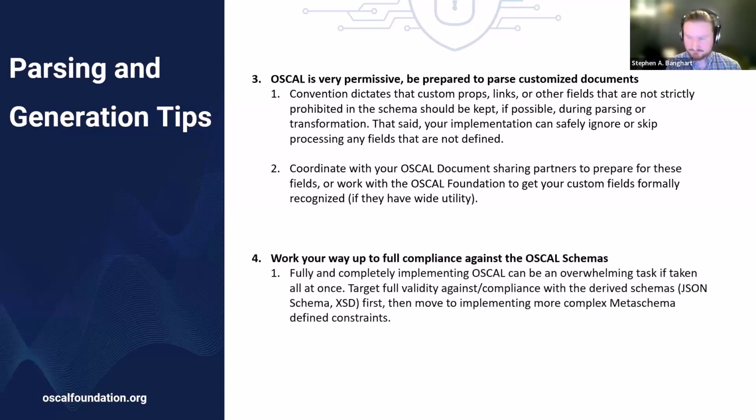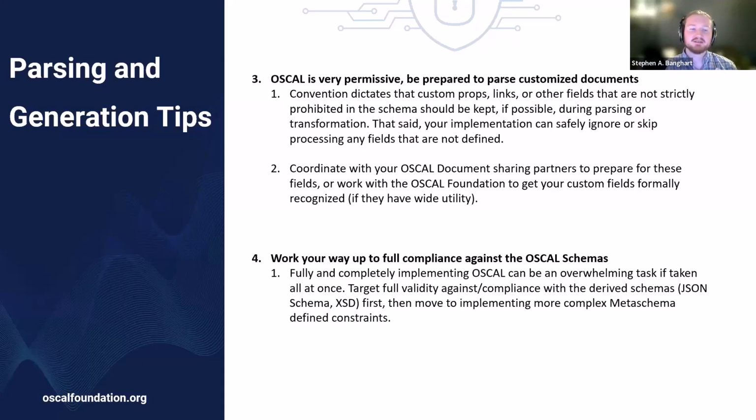And my last tip here is to work your way up to full compliance. And this is a hint that I have to give with some caution to say that I strongly recommend everybody fully implement the OSCAL meta schema definitions that allow for your OSCAL documents to be fully compliant.